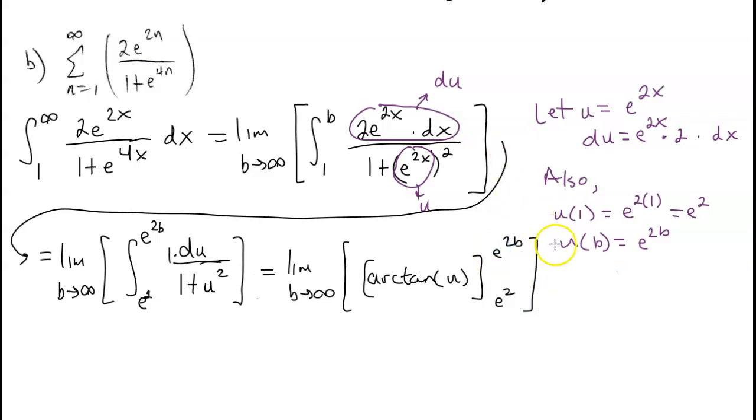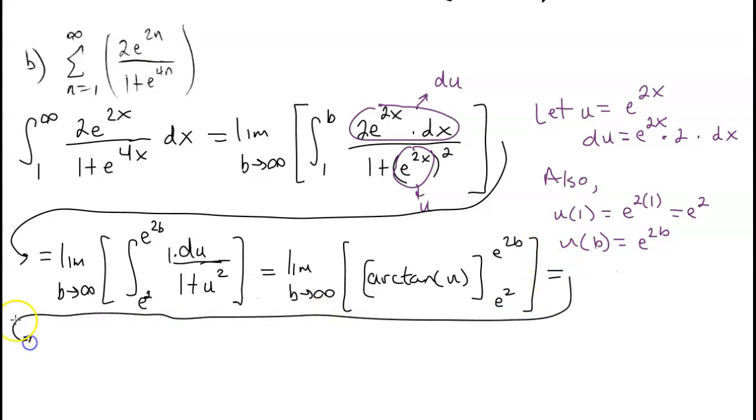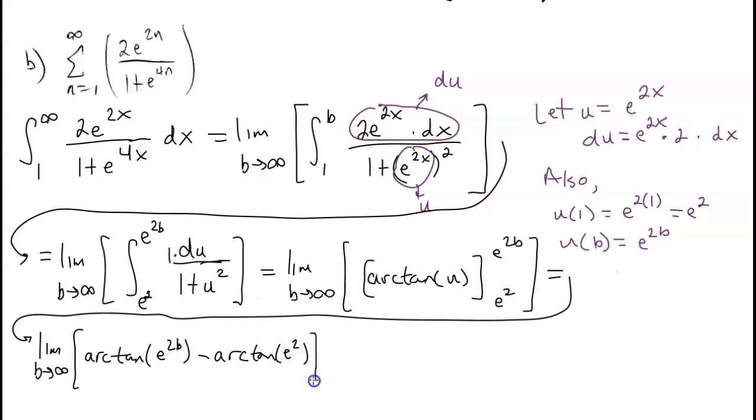Okay. And so for here, all we need to do is just plug in our limits of integration according to the net change theorem. So this will be arctan of e raised to the 2b minus arctan of e squared.